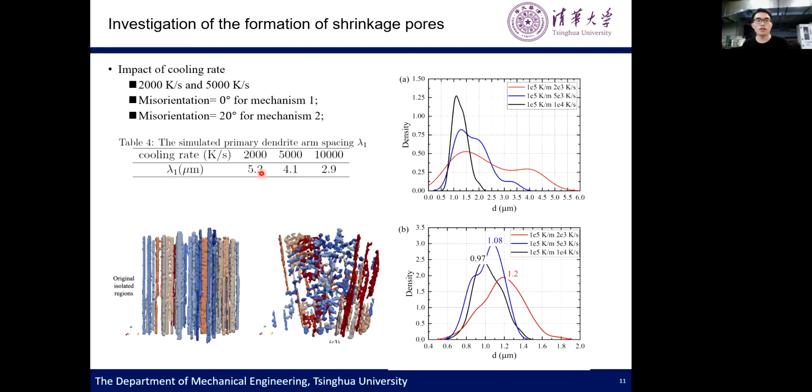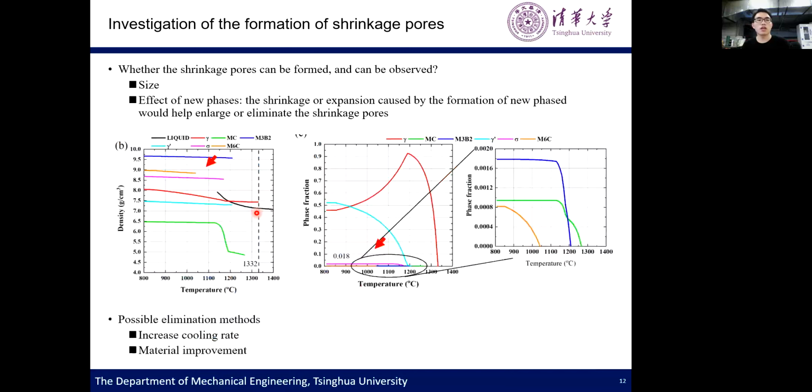We found the tendency of the isolated region's size is consistent with the tendency of the primary dendrite arm spacing. So if the primary dendrite arm spacing is smaller, we get smaller isolated regions, and then smaller shrinkage cage pores.